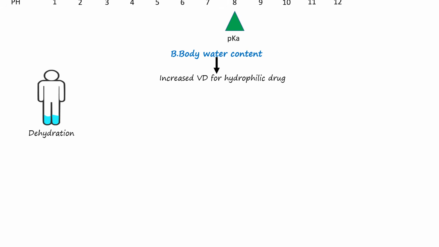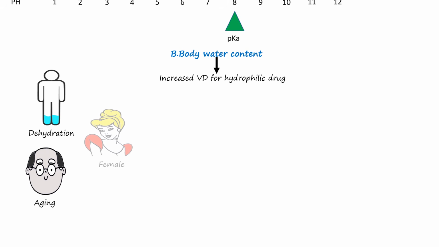As we age, body water content decreases, which reduces the volume of distribution for water-soluble drugs. Additionally, muscle mass decreases with age, leading to less tissue binding and further reducing the volume of distribution. For females, volume of distribution is generally lower than in males due to their lower body water content.